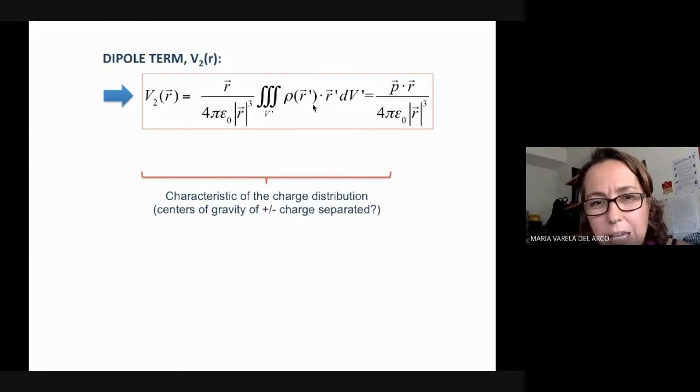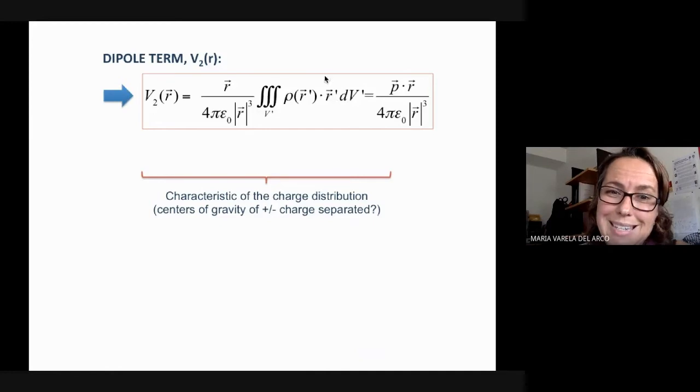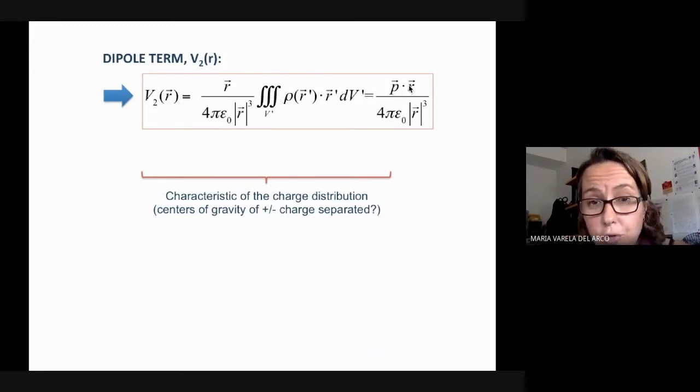But the charge dq is here rho dv, and the position is r prime for every dv. This is my dipole moment, the very same dipole moment that you saw last year, what we call P in physics. So if I define this dipolar moment, P, this way, I can rewrite the dipole term, the second term, V2, as P dot R over 4 pi epsilon naught R cubed.